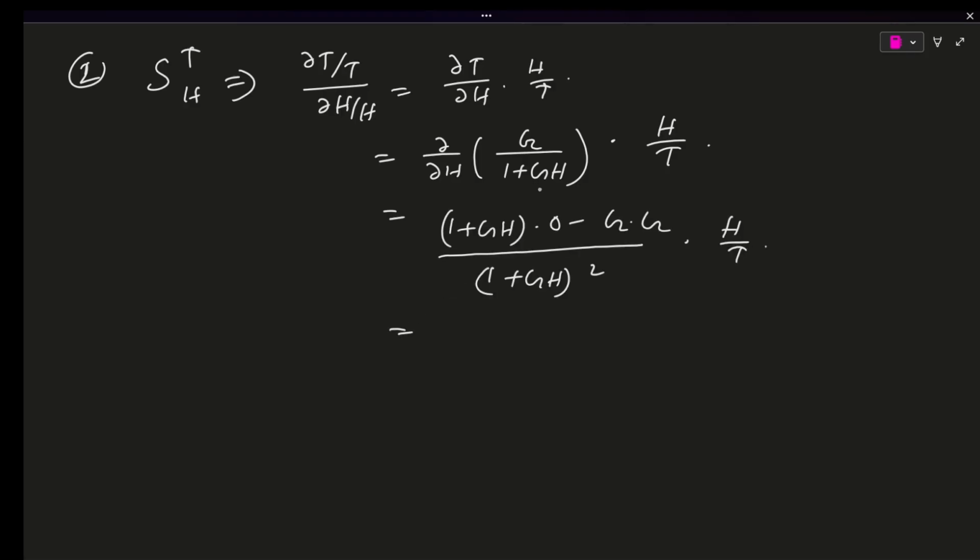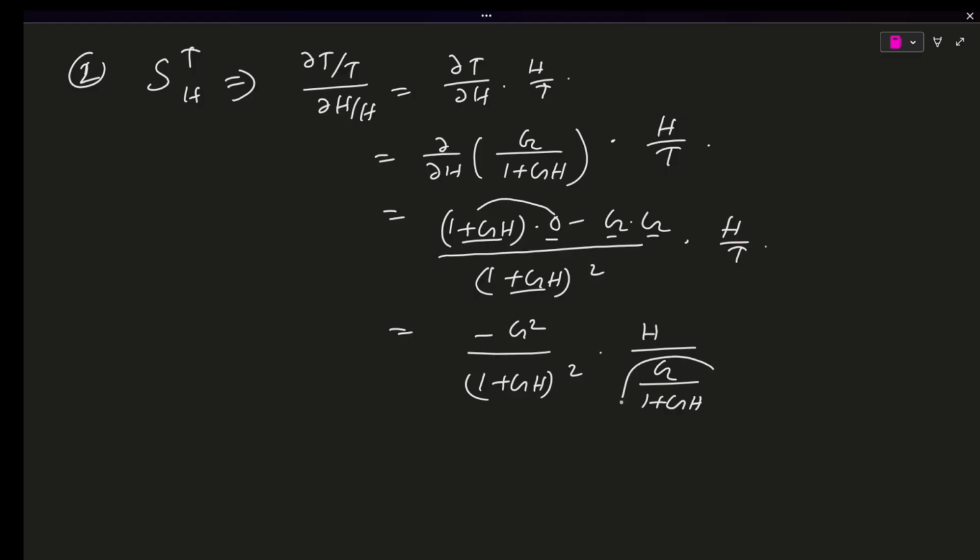Okay, denominator into differentiation of numerator minus numerator into differentiation of denominator, divided by square of denominator. Then you can see this whole thing will be 0 and we have minus G square in the numerator, and in the denominator we have 1 plus GH whole square, into H, into the value of T, which is G by 1 plus GH. This one is the value of CLTF.